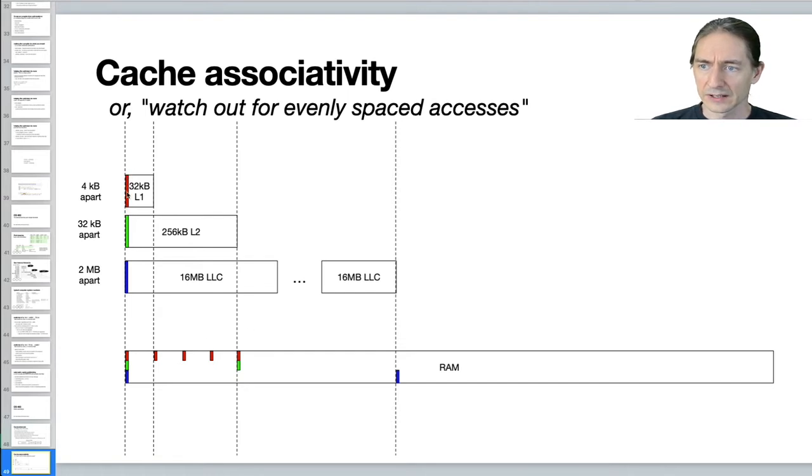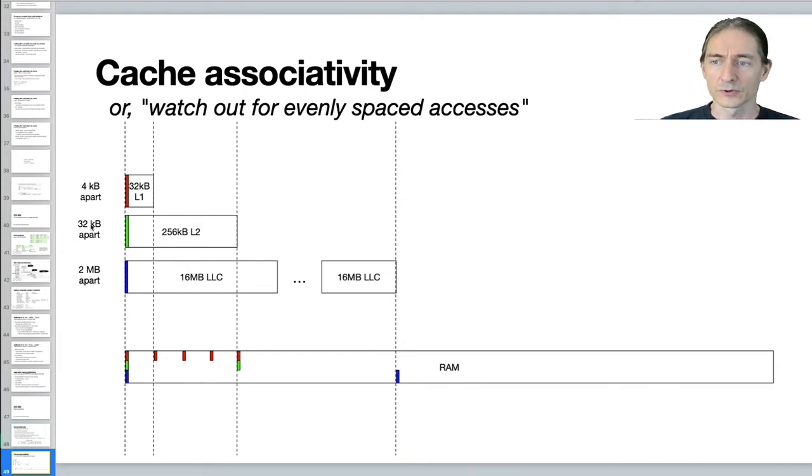So this one here can only hold 8 different ones, but can only hold these relatively far spaced parts of memory, 64 byte chunks of memory. 8 different ones as an 8-way associative cache.